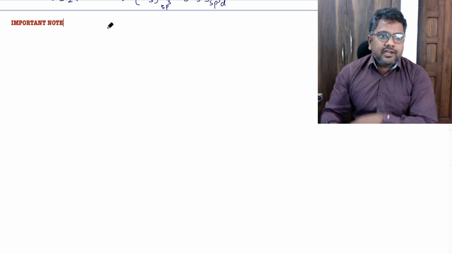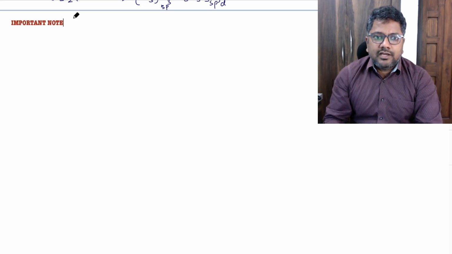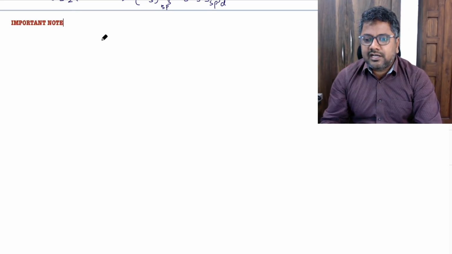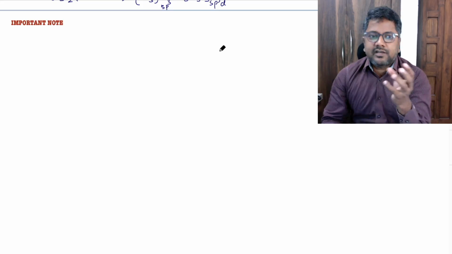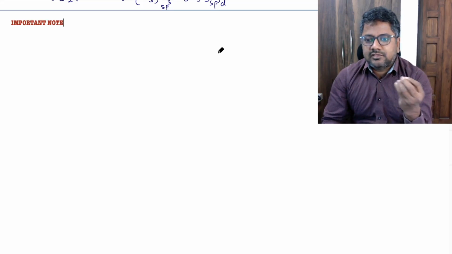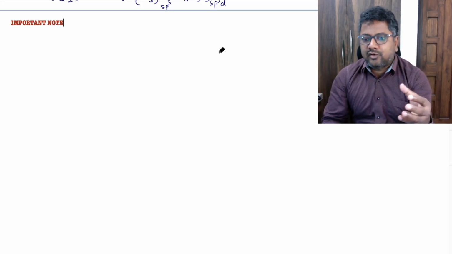So the relation between hybridization and bond angle for simple sp hybrid orbitals is very simple. For simpler molecules, you can find out the relation between hybridization and bond angle.